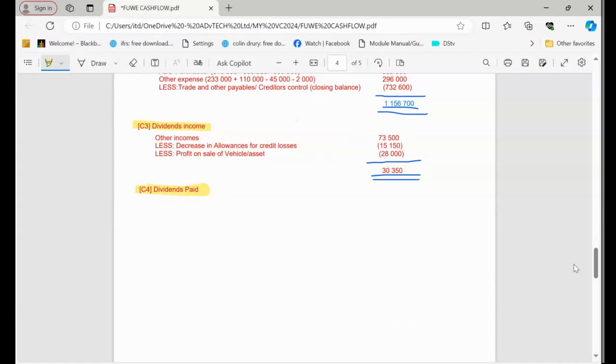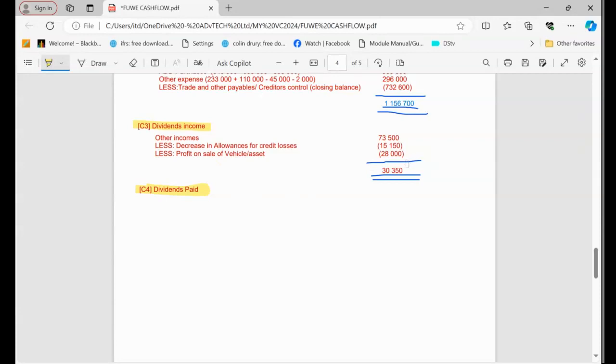Okay, dividends paid. This one, sometimes it's easier with an account, but let's follow the formula first.